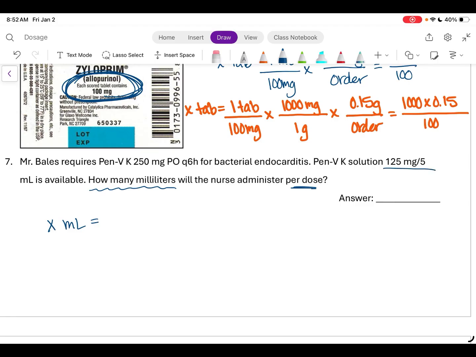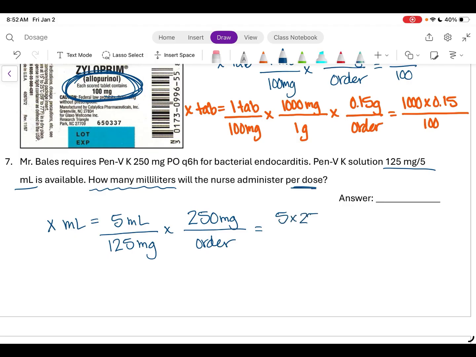Our concentration is given to us right here, so I'm just going to write it upside down, 5 milliliters, 125, multiply by my order. 5 times 250 and divide by 125. So I get 10.